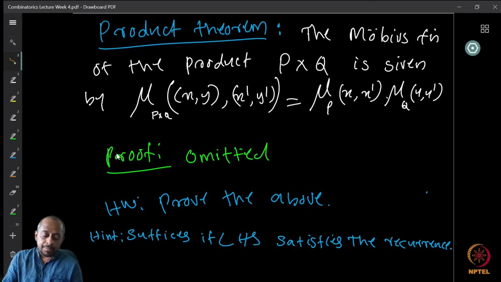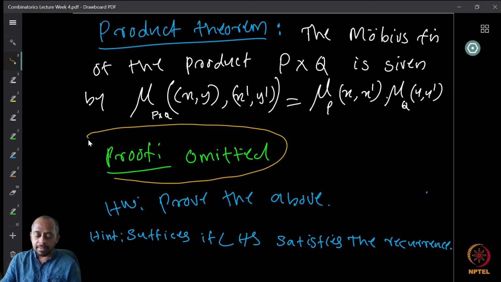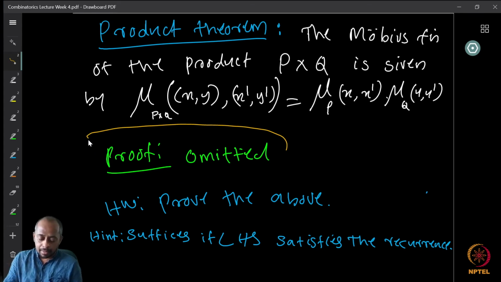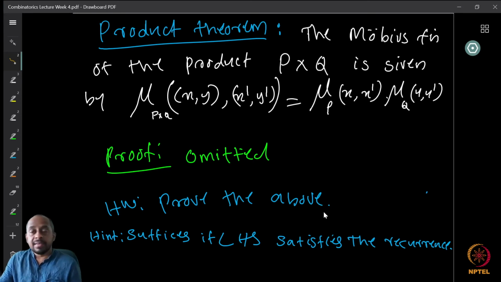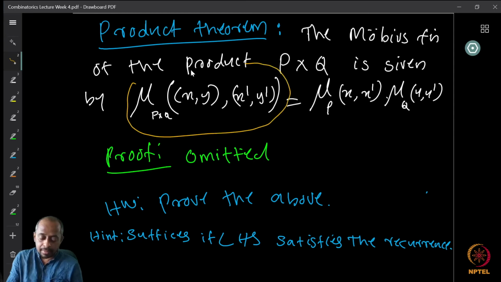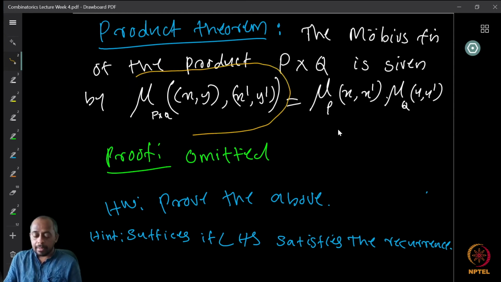So the proof, I am omitting the proof here. It's very easy actually, but I can give it as a homework. So prove this, and there are several ways of proving this. One is to show that it satisfies the recurrence, right?